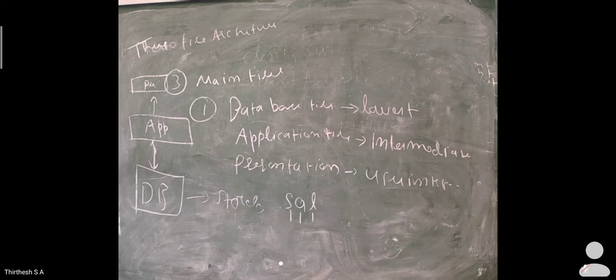Clear? Next, it contains the relationships and their constraints. So what does the database layer consist of? It consists of relationships and their constraints.